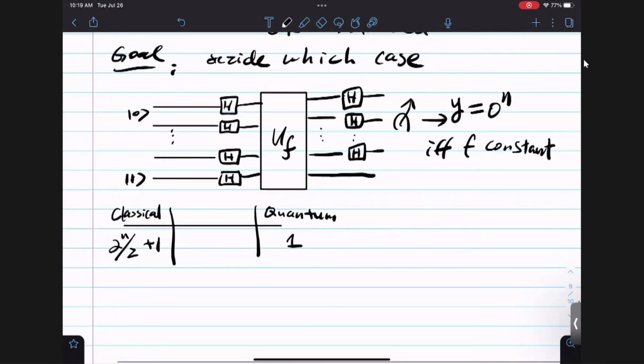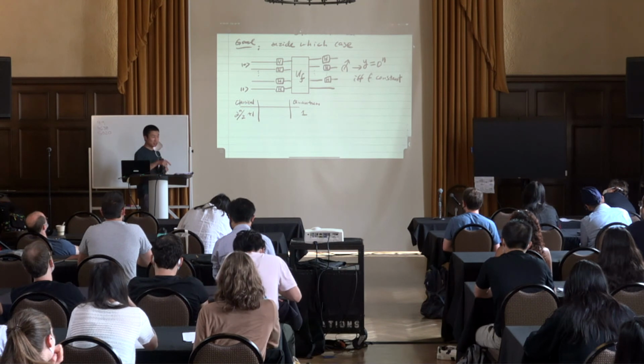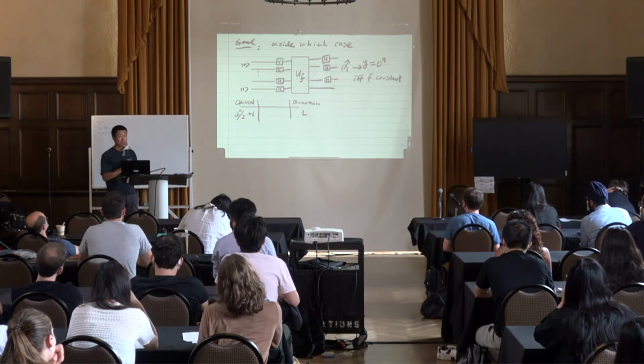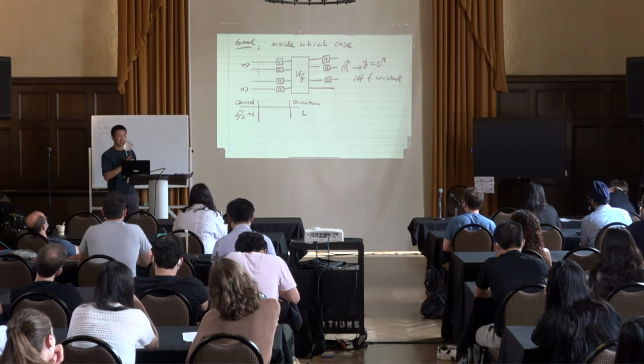I think this is pretty remarkable. I'll be very happy to just stop here. But did you notice something that's not so satisfying? So when I say classically we need 2 to the n over 2 plus 1 queries, do you agree with me?